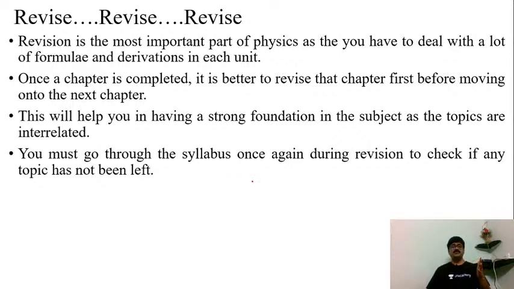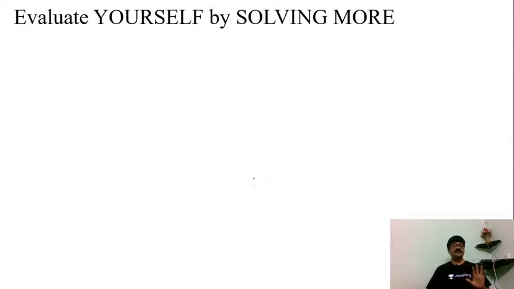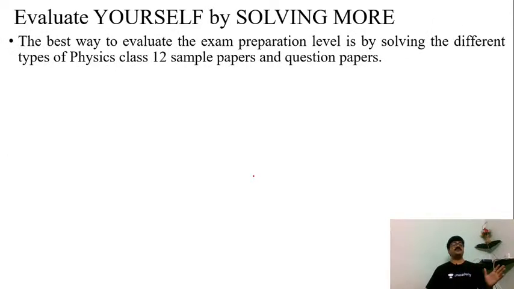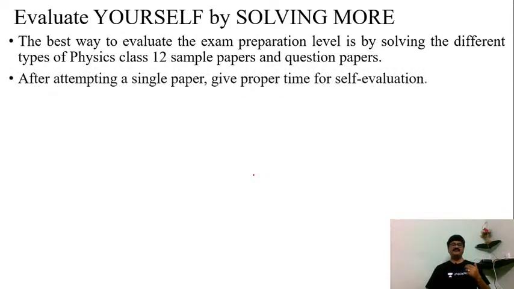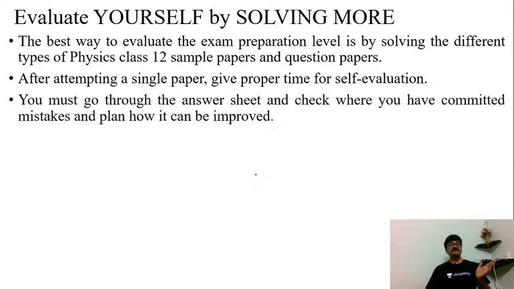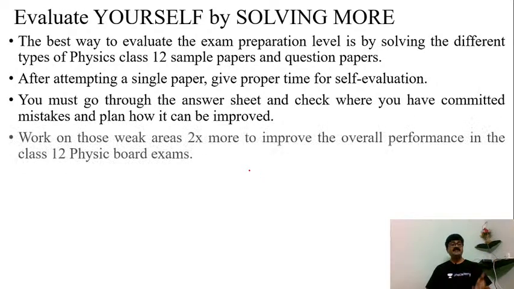You must go through the syllabus once again during revision and check that no topic has been left out. Then evaluate yourself by solving more question papers and sample papers. After attempting the first paper, give proper time for self-evaluation. Once you have done that, identify your weak areas, work on them, rework on them, then take one more paper.